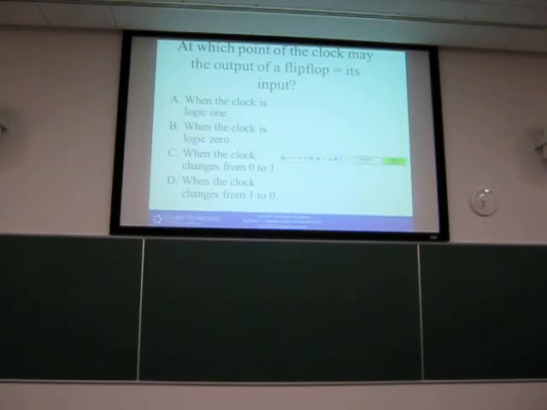At which point of the clock for a flip-flop does the output adopt the value of the input? Is it when it is at steady state, meaning that it is 1 or 0, or when it is in transition? Basically those falling edges and the rising edges that we've been looking at.